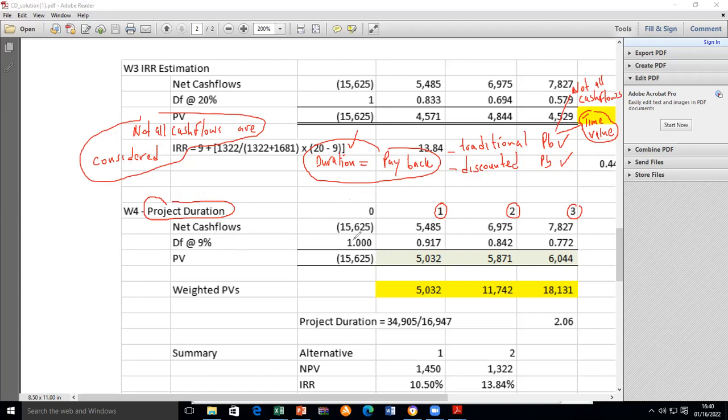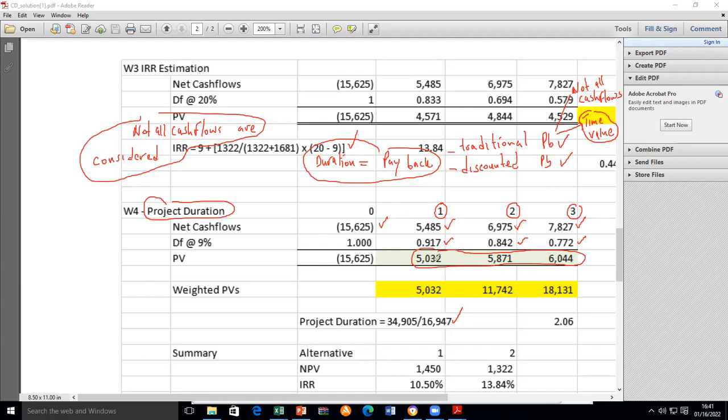First, we take our original figures, the benefits, and we discount them. We get that total there.